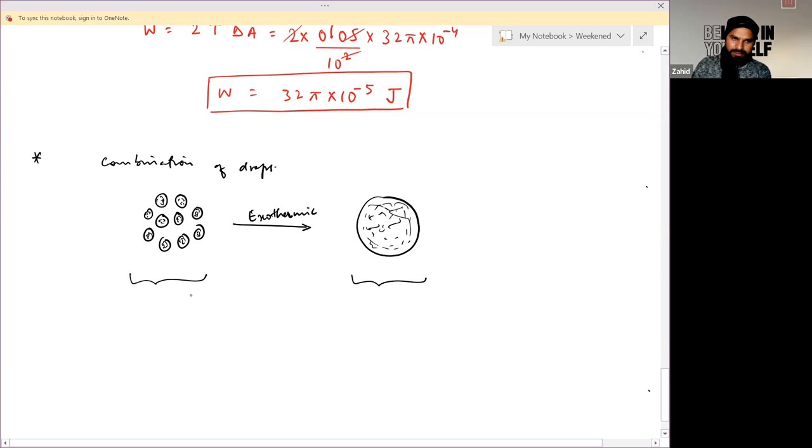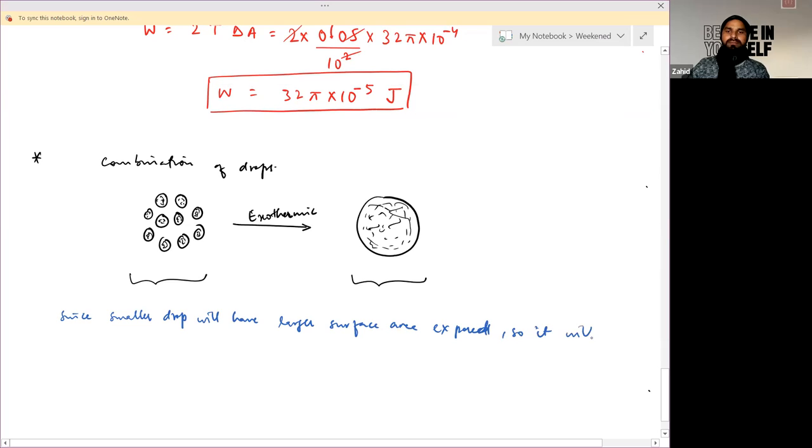We have first, since a smaller drop will have larger surface area exposed, it will have more energy.